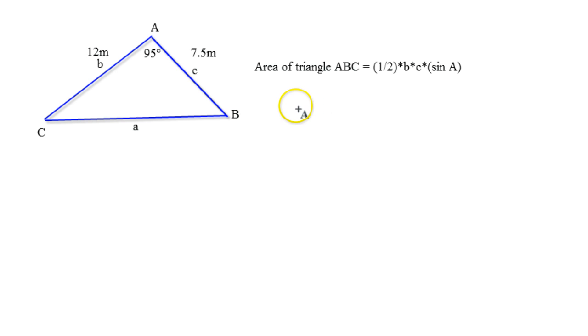So what I'm going to do is plug it in as is. So 0.5, once again you can use 0.5 if you feel more comfortable with it, times 7.5 times 12 times sine of 95. Let's actually change that back. Let's change that to 85. Yeah, let's make that an 85.